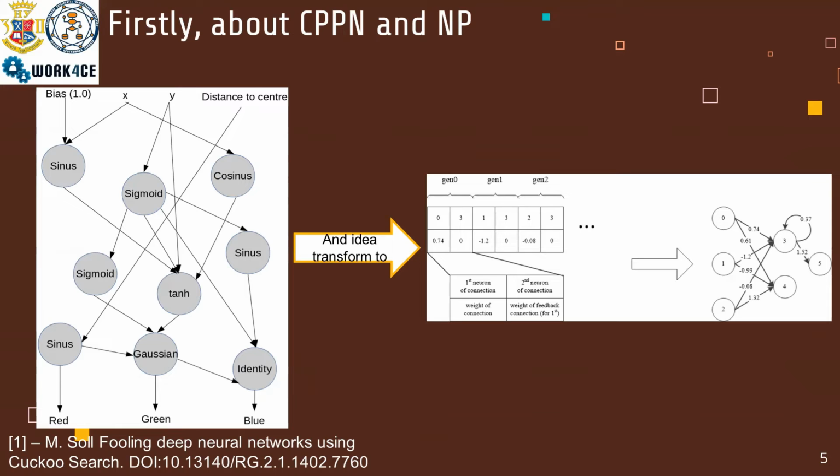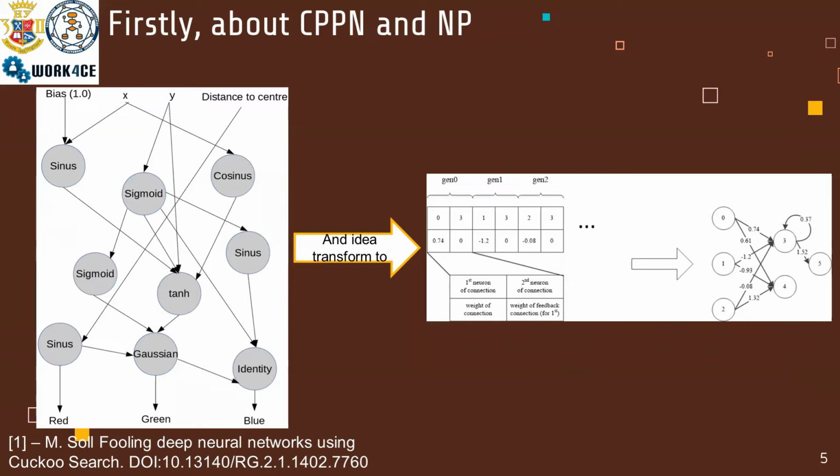You can see on the slide the first picture. This is not my picture. This is a picture from the work of Marcus Sol, and you can find this work. But this scheme is very good to demonstrate this technology and this approach.